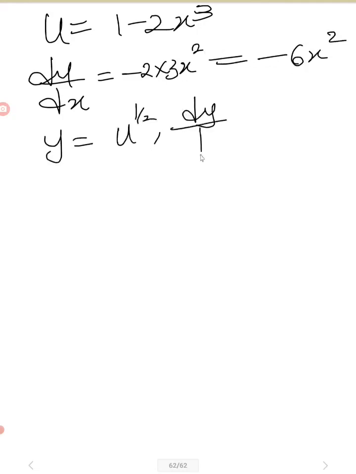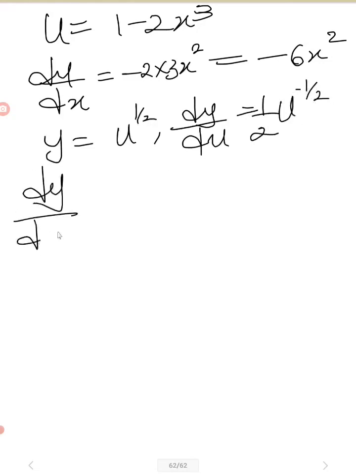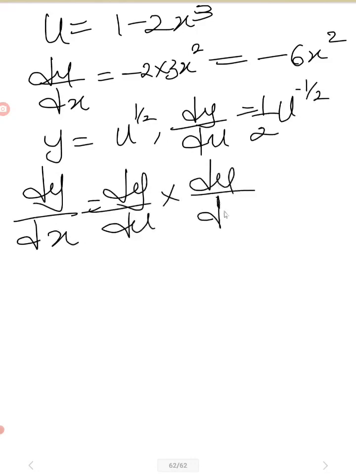The derivative of y with respect to u will give you half u raised to power minus half. We are back to the chain rule, which lets us know that the derivative of y with respect to u, we multiply by the derivative of u with respect to x.